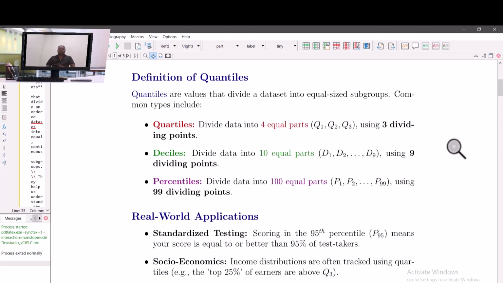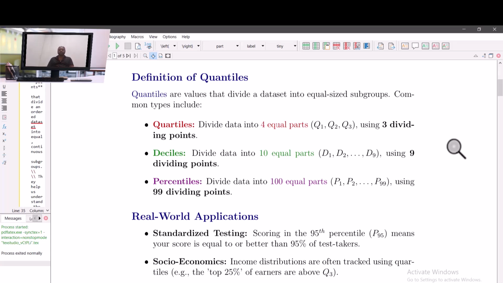In particular, quartiles are points that divide a sorted data set into 4 equal parts, where the dividing points are 3. Q1, Q2, Q3 are quartile 1, quartile 2, quartile 3.